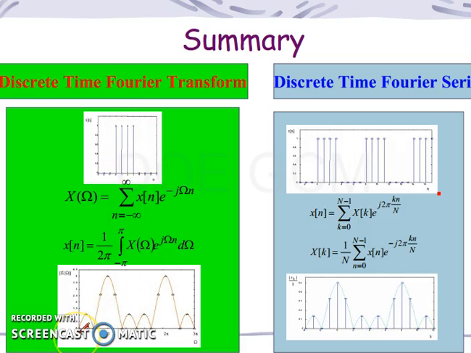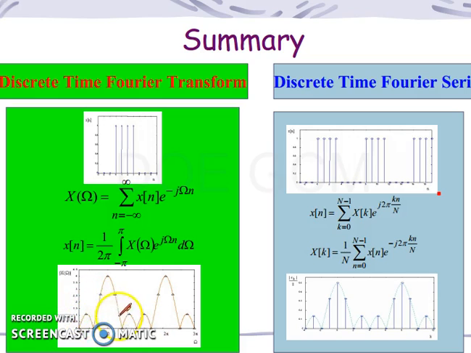Now the question is: how can we store this continuous spectrum in a digital computer? Normally signals are stored in terms of samples, or discrete values. Everything is stored as discrete samples, so it is very difficult.